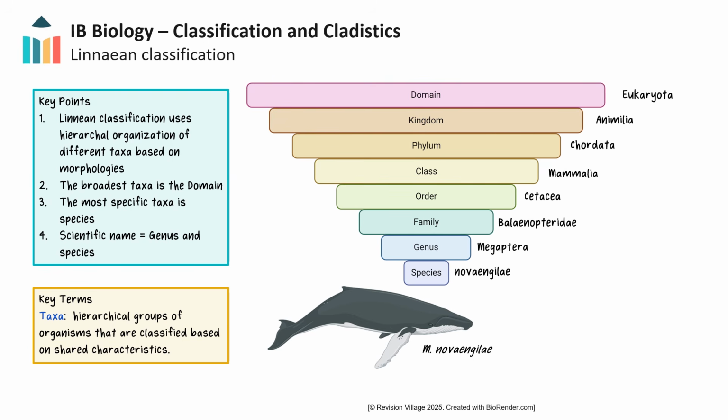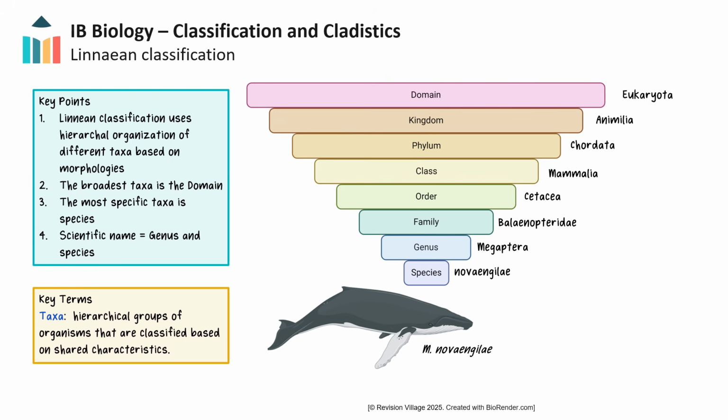The classical Linnaean system has 8 levels of organization, with genus and species being the most specific. In this example, M. novaeangliae is known as the humpback whale species, which can only mate and have successful offspring with other humpback whales. A species' scientific name includes its genus and species, with the genus often abbreviated.